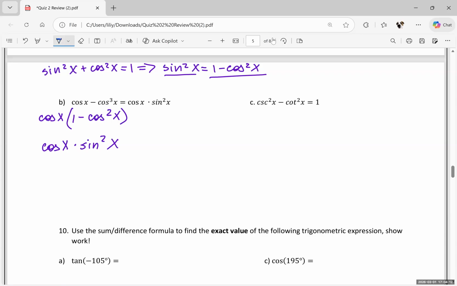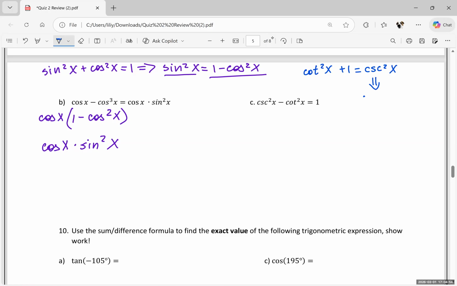Now let's try cosecant squared minus cotangent squared, and it should give you a 1. And again, you could switch cosecant and cotangent into sines and cosines, do common denominators, put it all together. But if you remember that cotangent squared x plus 1 equals cosecant squared x, then immediately you can say, okay, well, actually, that's all we need here.